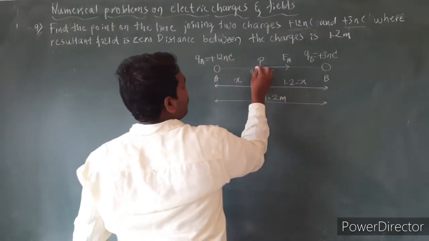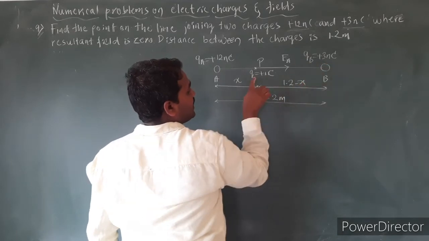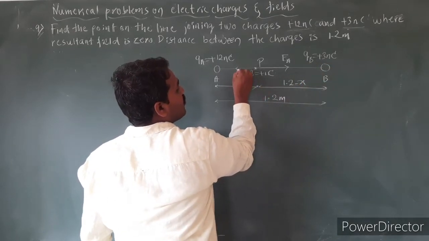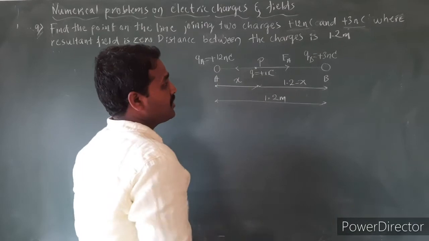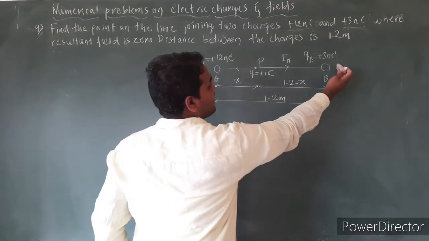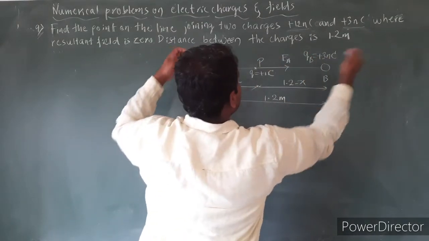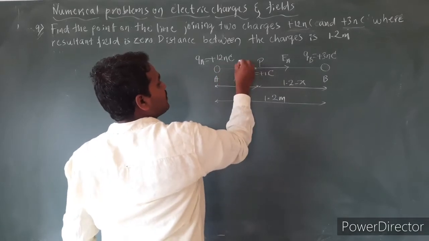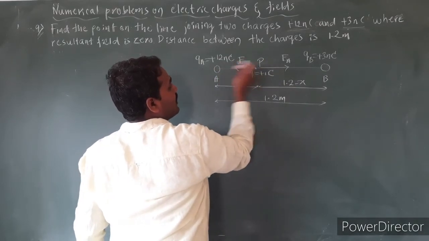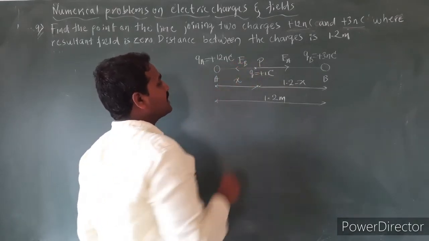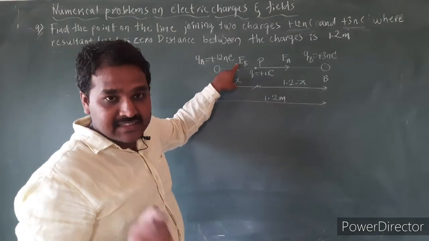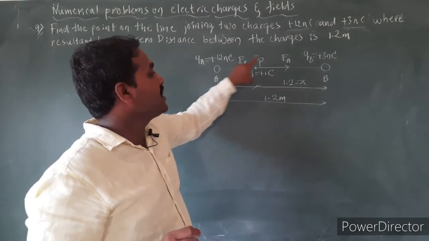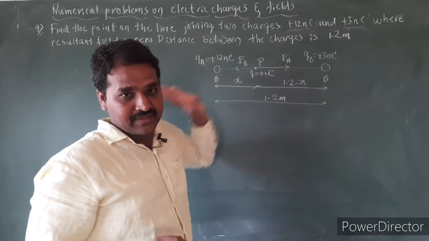So because of charge QB, the test charge will move along the negative x direction, because the source charge is on the right side. The test charge will experience the force along the negative x direction, and I take that as the direction of electric field because of charge B.